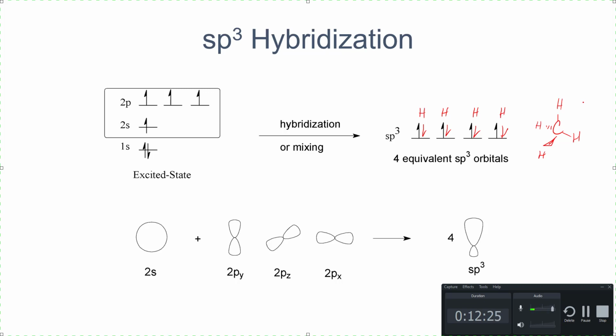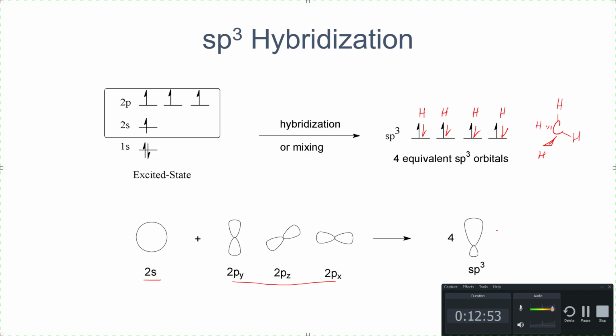So we went to the excited state to get 4 unpaired electrons, and we now hybridize those orbitals to get 4 equivalent carbon-hydrogen bonds. Now, what's driving this process? When you take a spherical orbital and 3 p orbitals and mix them together, you get 4 sp3 hybrid orbitals.